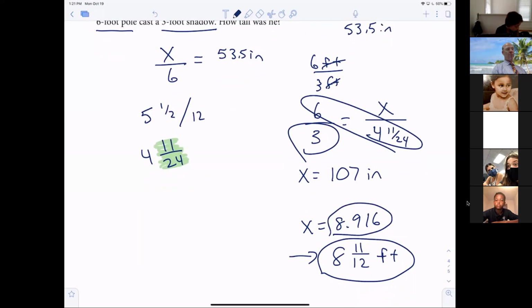Once you do 107 divided by 12 on your calculator, hit the second and then the fraction to decimal. And it should be able to give you 8 and 11/12.